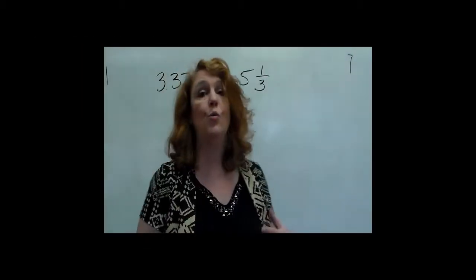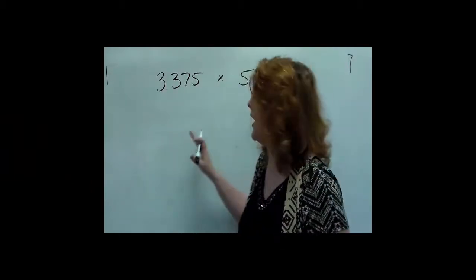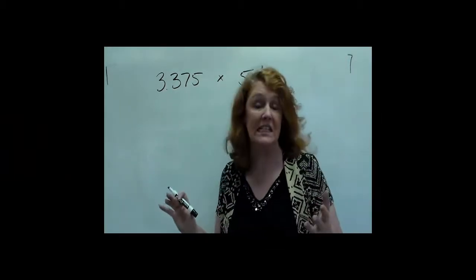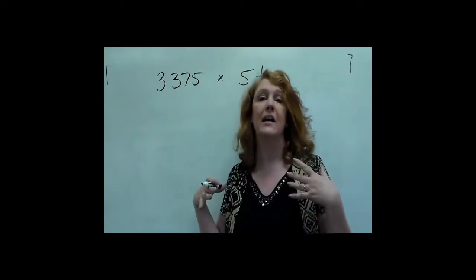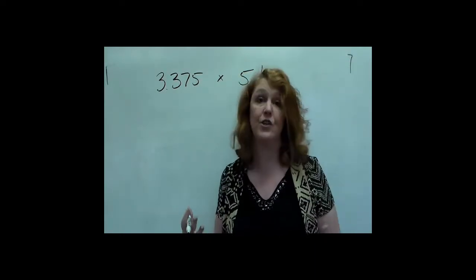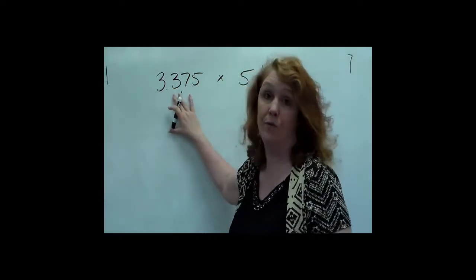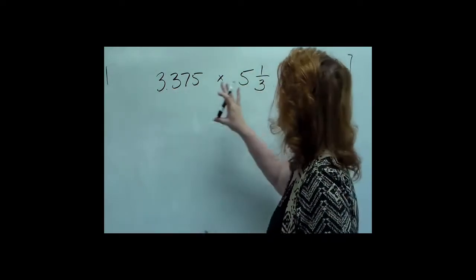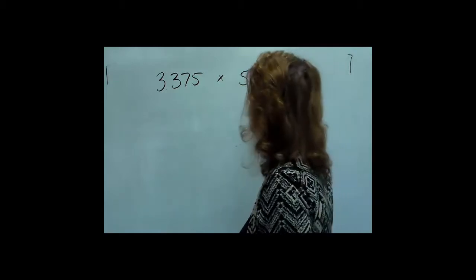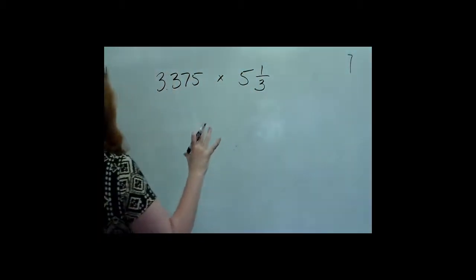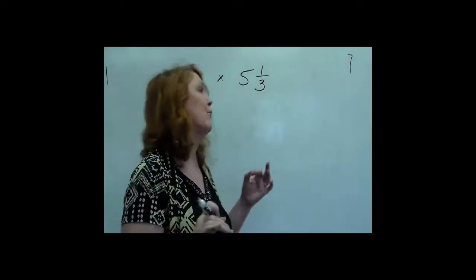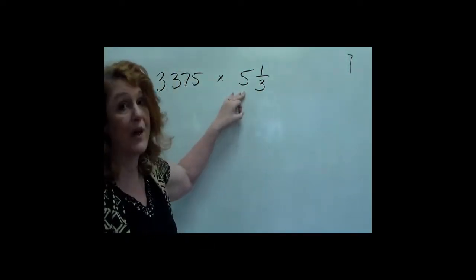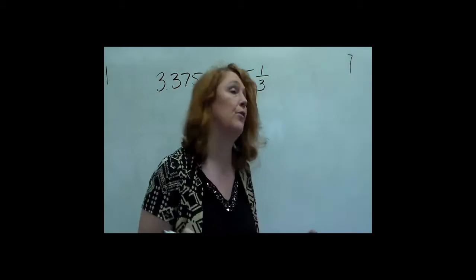So what if you end up with one of these fractions with a denominator that doesn't easily make 10, 100, or 1,000? We're going to solve one like we're solving fractions. We're going to turn this into a fraction so that we can work these two together. We're multiplying these together, so it's important to remember that we can't multiply mixed numbers. We have to make them improper fractions.